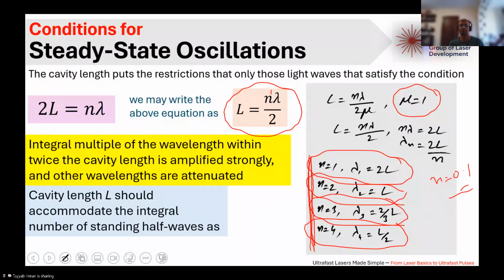So the integral multiple of the wavelength within twice the cavity length, following the formula, is amplified strongly. And other wavelengths will be attenuated.